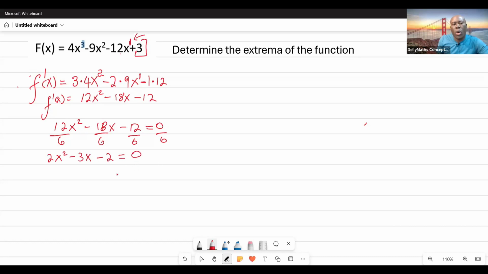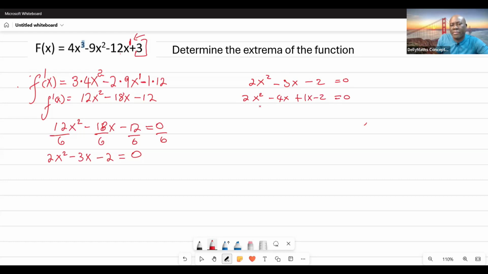Now we want to factorize it. 2 times -2 is -4, so for -4, I'm going to use -4 and +1. So basically we have 2x squared minus 4x plus 1x minus 2. When we say 1, we're talking about 1x, or we could just say x.